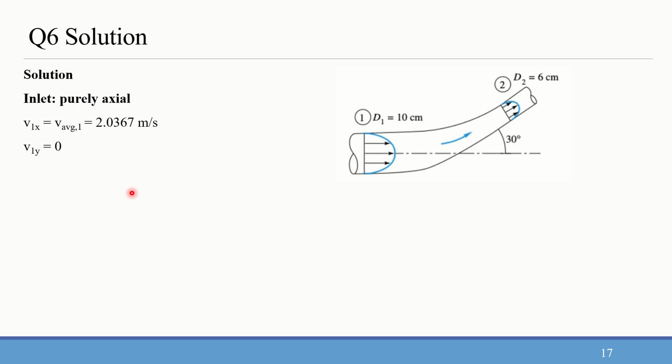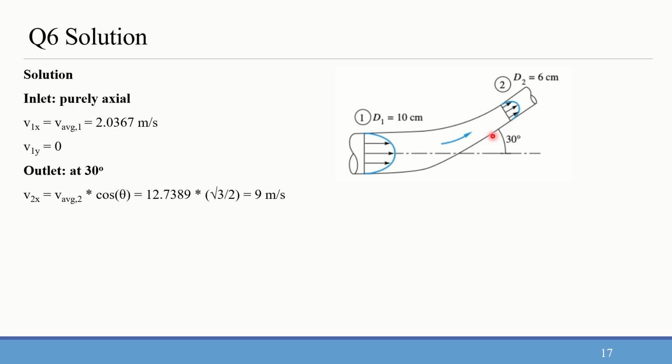When we talk about the outlet section, we have an x component of velocity and also a y component, because the pipe is inclined at a certain angle, that is 30 degrees in our case. So we have to resolve the vector into x and y components.